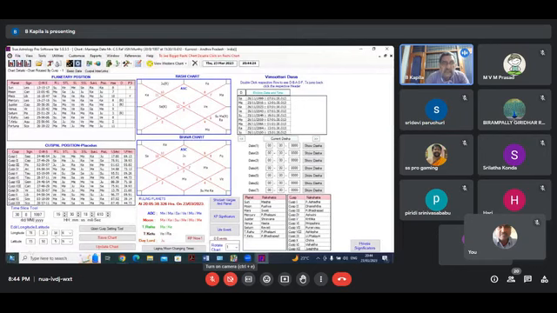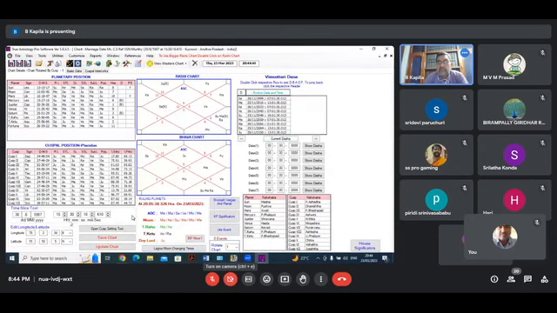The third point is that we also have to look at the 11th sub-sublord, and if the 11th sub-sublord is linked to the seventh cusp, then it means that there is a promise of marriage for the native.